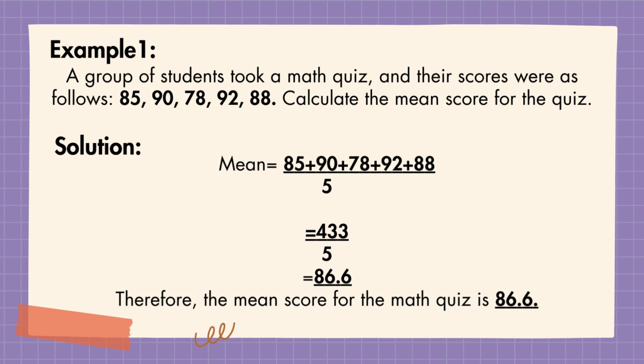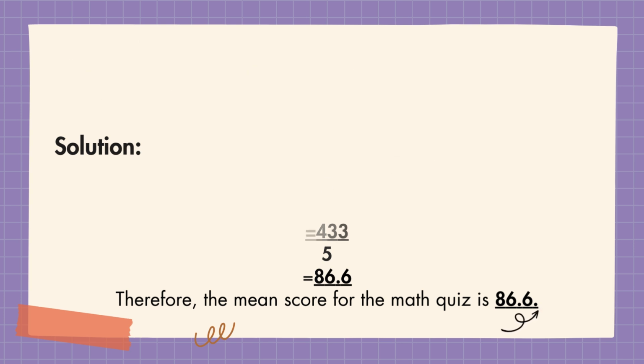Here you can see we are adding up all the marks of the quiz. And how many numbers are there? These are 5 numbers, so we are dividing by 5. The addition is 433 and the count is 5, so the mean we got here is 86.6. So the mean score for the math quiz is 86.6.